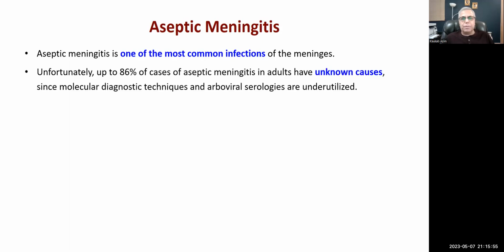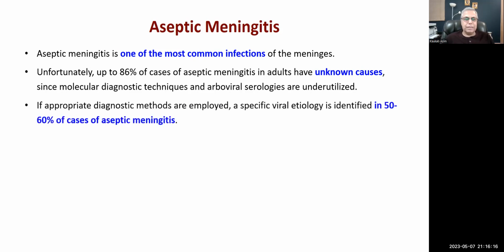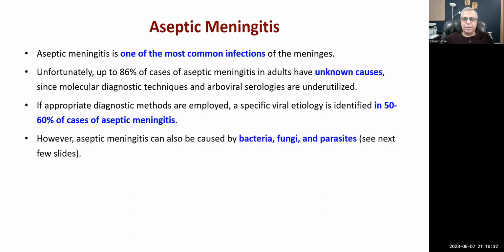Unfortunately, up to 86% of cases of aseptic meningitis in adults have unknown causes, since molecular diagnostic techniques and arboviral serologies are underutilized, or the facilities are not available in the medical facility where the patient is taken to or where he is admitted. If appropriate diagnostic methods are employed, a specific viral etiology is identified in 50 to 60% of cases of aseptic meningitis, and most of them are viral cases, as I mentioned earlier.